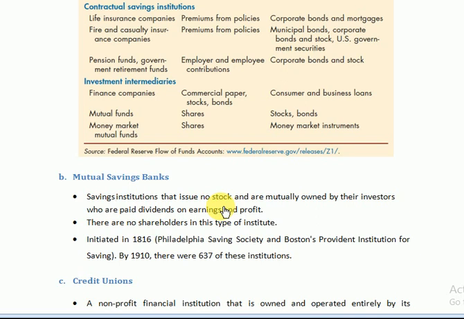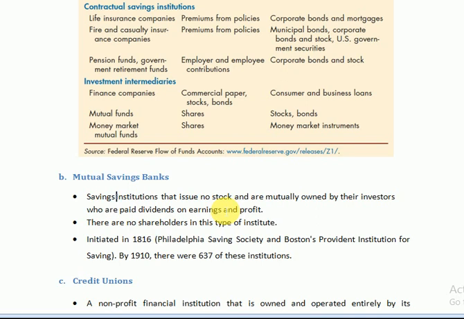Over time, these restrictions have been loosened, and the distinctions between these depository institutions and commercial banks have blurred. Both now provide the same services. So mutual savings banks are now just like commercial banks.